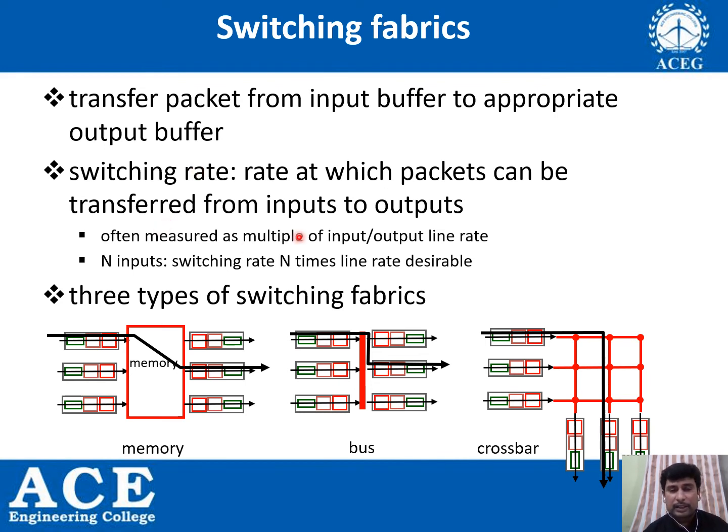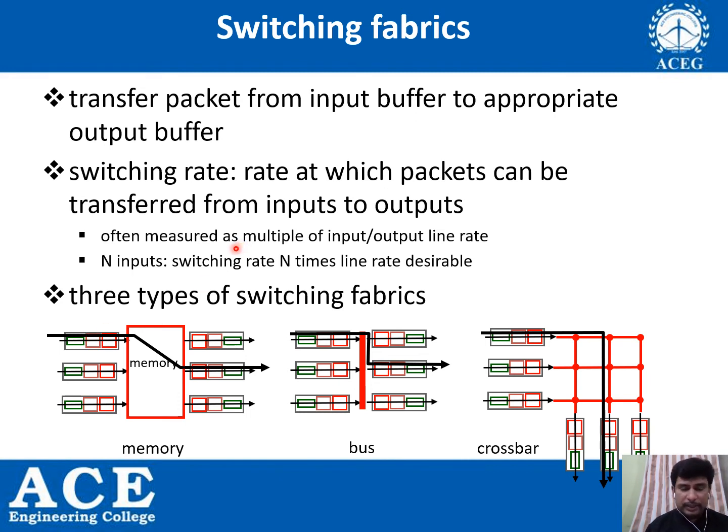For instance, if I have an input line rate of R, then I will measure the switching rate of this switching fabric as n times R. Suppose I have n inputs, the switching rate will be n times the line rate. One line rate is R, I have n inputs, so my switching rate will be n times R, where n is the total number of lines and R is the line rate of each input.